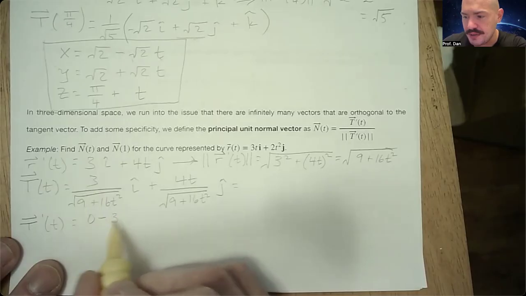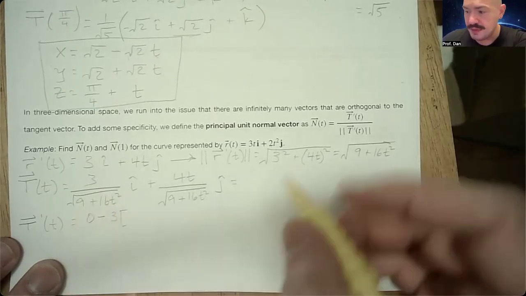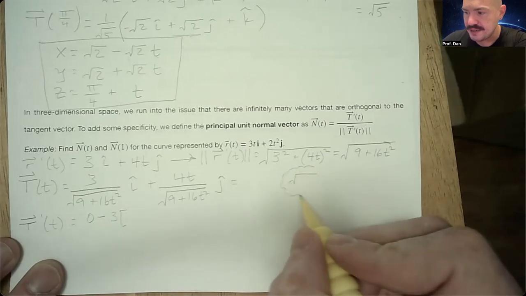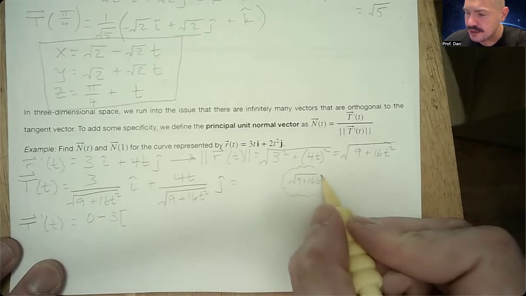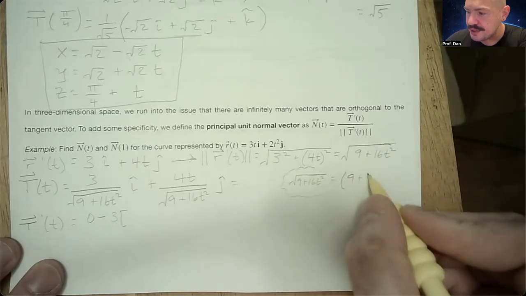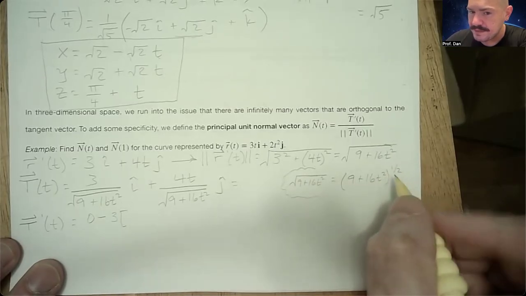So 3 multiplied by the derivative of this. To remind you, I'm just going to write this out to the side. The square root of 9 plus 16t squared can be written as 9 plus 16t squared, all raised to the 1/2.